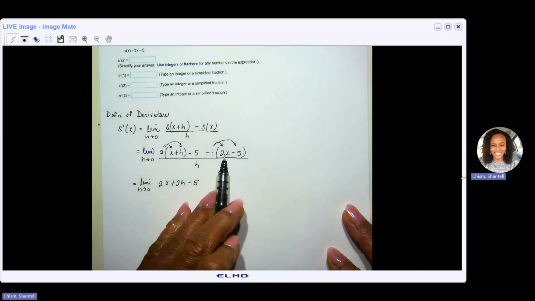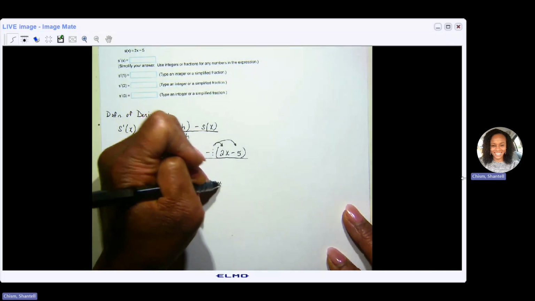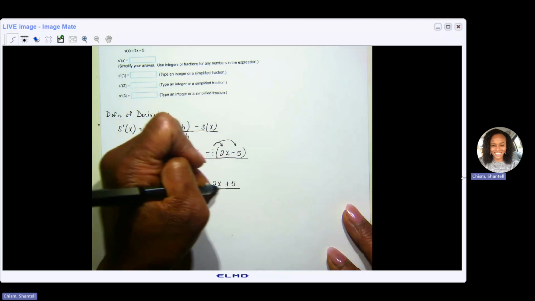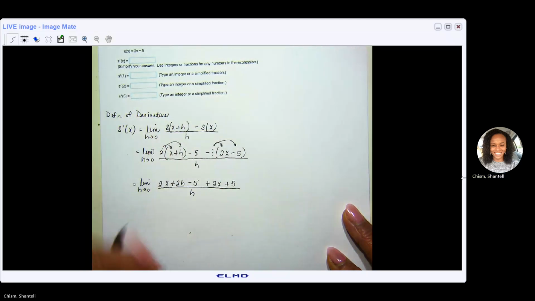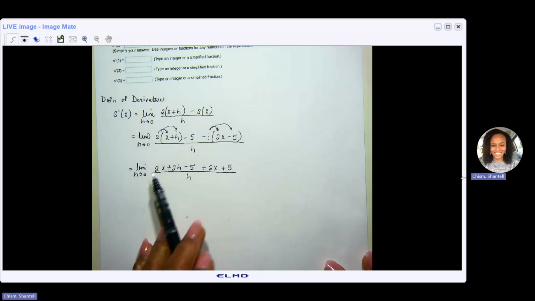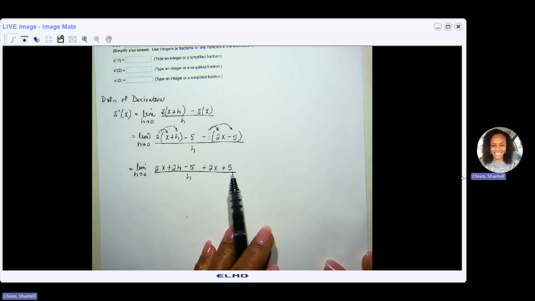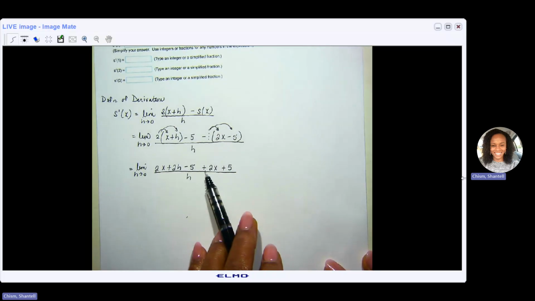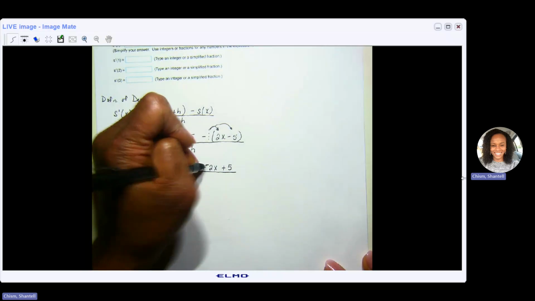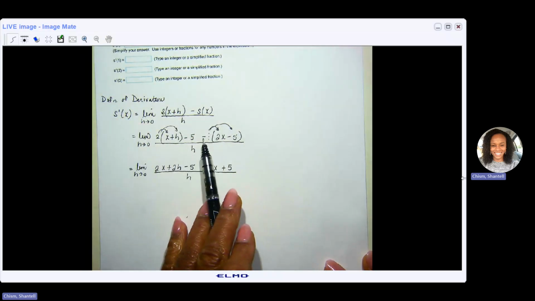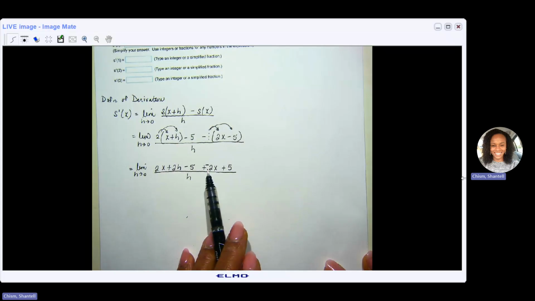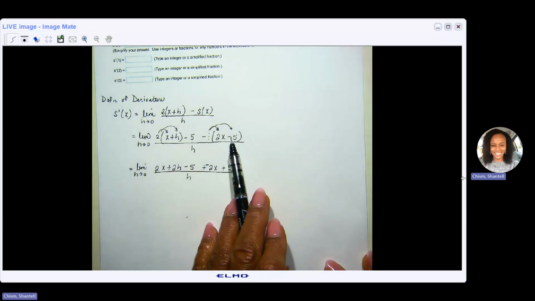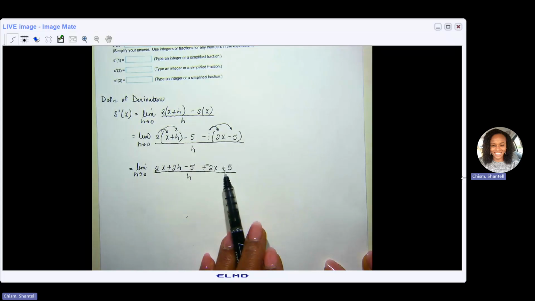And then right here, this is going to come down as a minus 2x and a plus 5, and then I have over h. Okay? Continuing to clean this up on the top. Oh, I'm sorry. I did not bring down that minus on that one. That is minus. Okay? It was positive in there, but then I'm taking the minus through. And then that was minus, but it took the minus through and it became plus. Okay, so be careful with your signs.